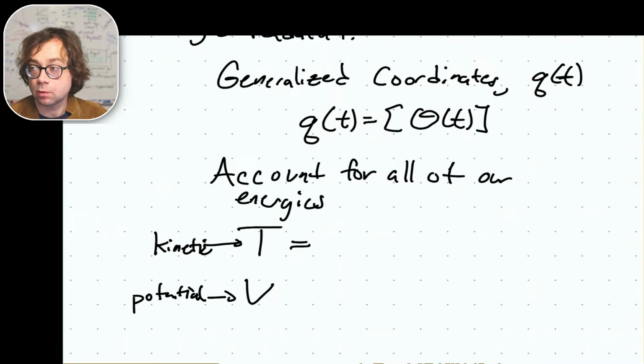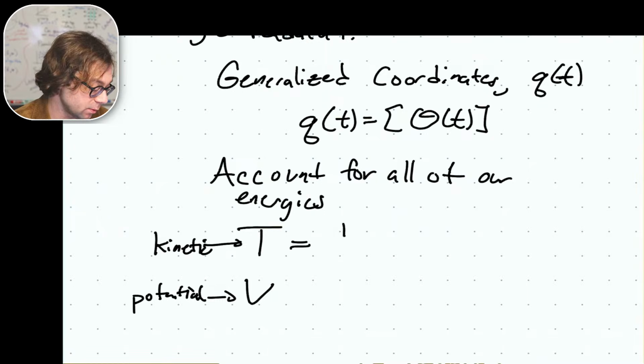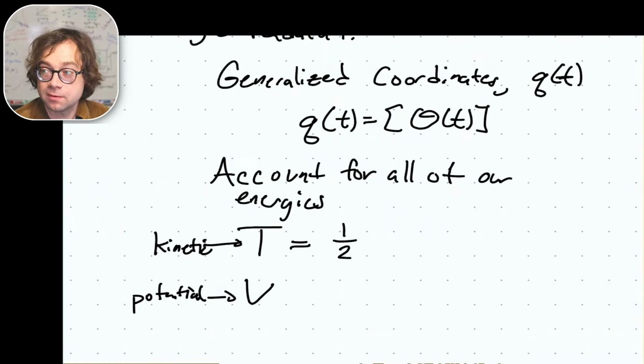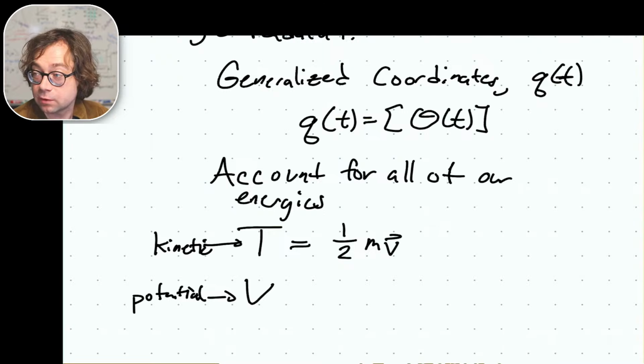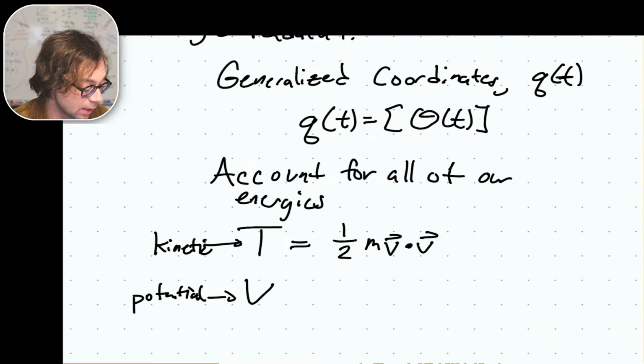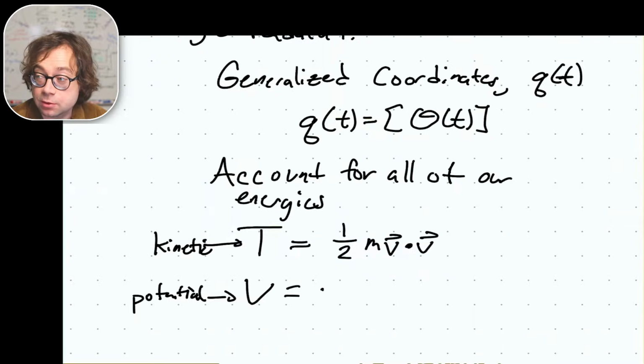Our kinetic is going to be 1/2 mv squared. So it's 1/2 m v dot v, the velocity vector of your mass dotted with the velocity vector of your mass. That is the more correct way to say 1/2 mv squared for multidimensional vectors. Okay. And V is going to be mgh, right?